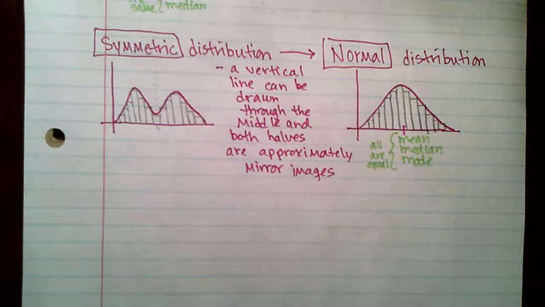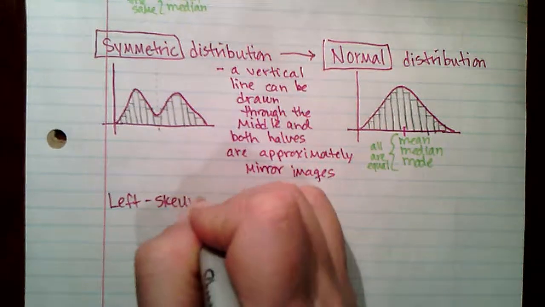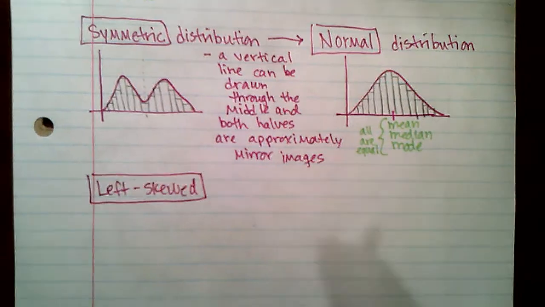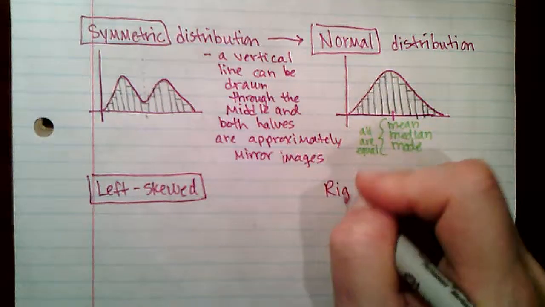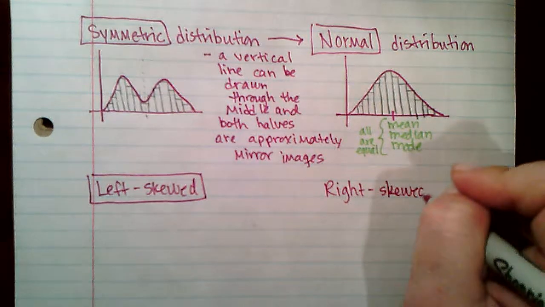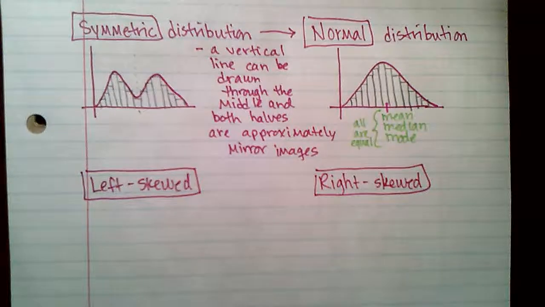And we have two more types of distributions. We have left skewed and right skewed. Skewed means like not straight, I guess. Cattywampus, if that's a word you know. So left skewed and right skewed.